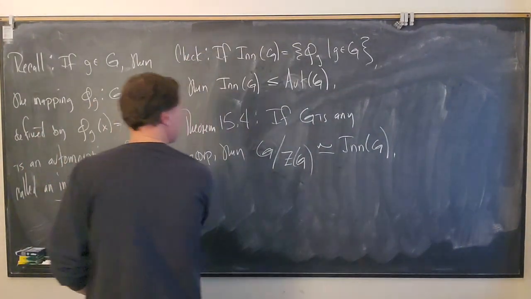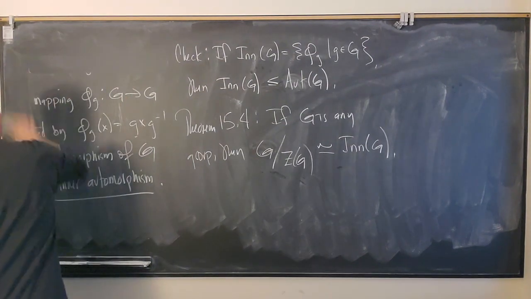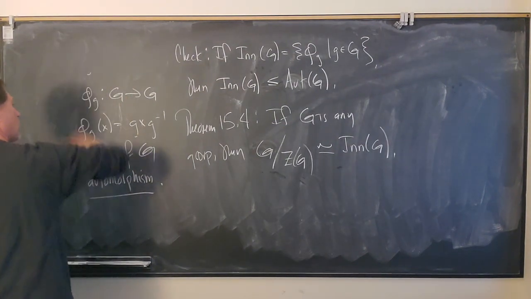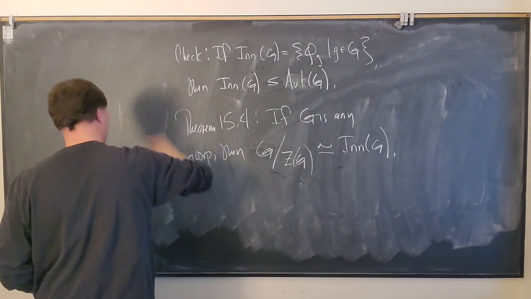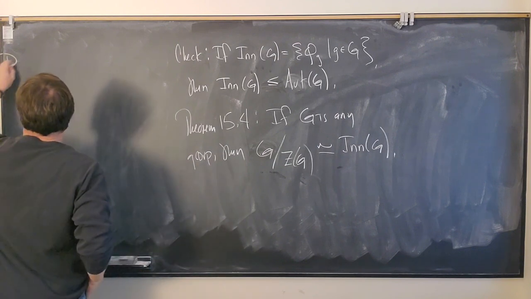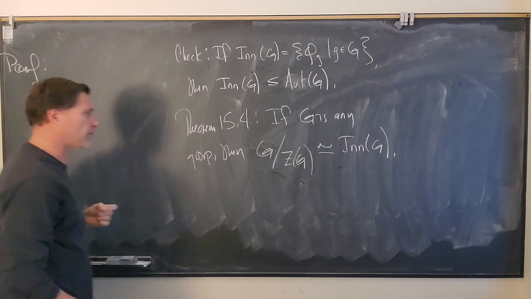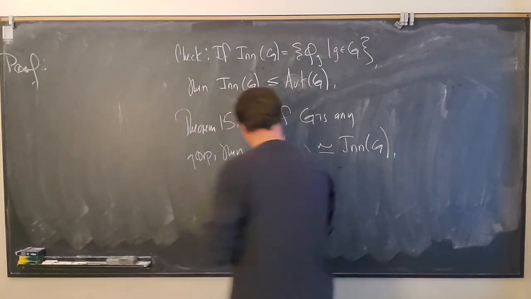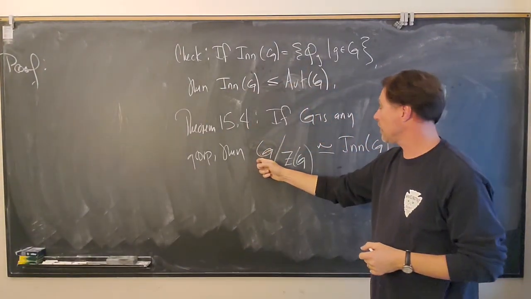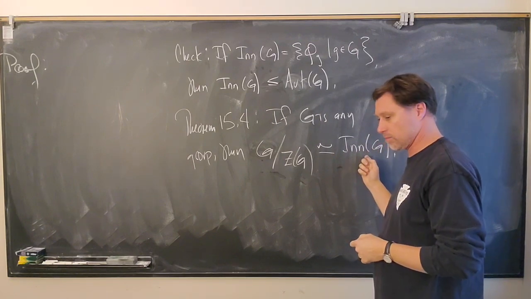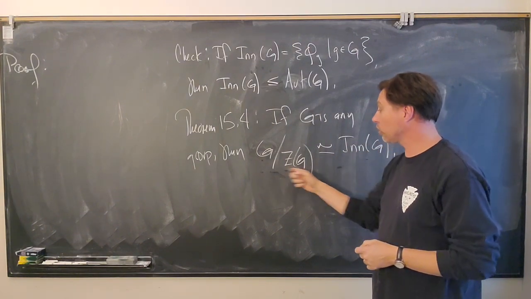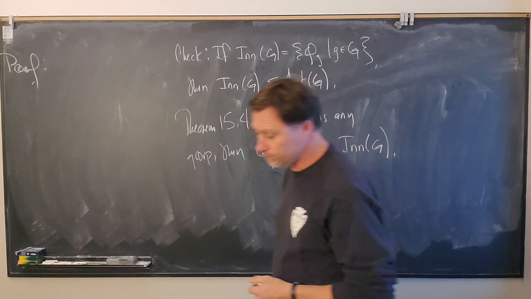And to prove this, we're going to use the first isomorphism theorem. So for the proof, if I want to use the first isomorphism theorem, what I want to do is come up with a homomorphism that goes from G onto Inn of G, such that the kernel is equal to the center.